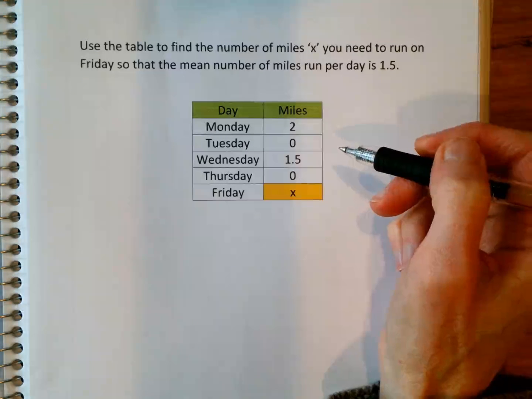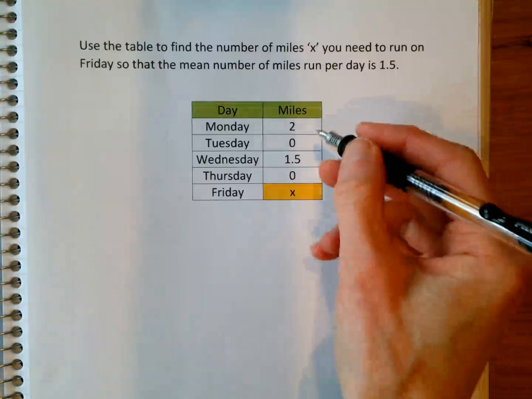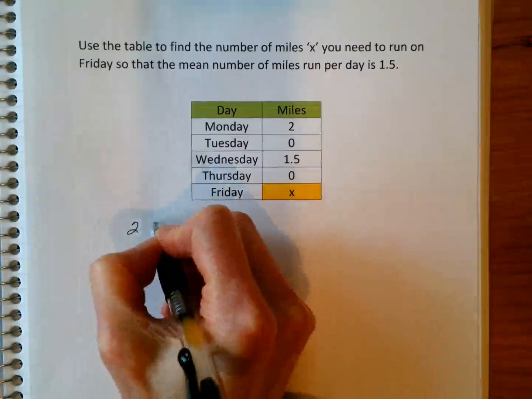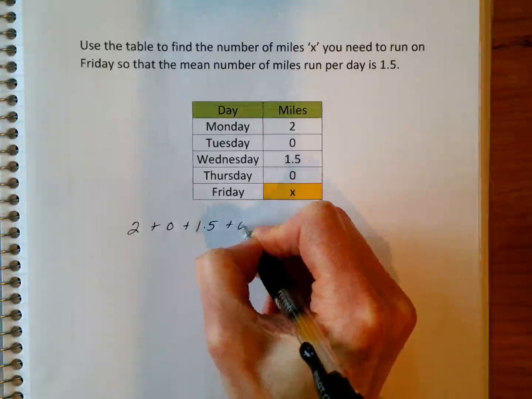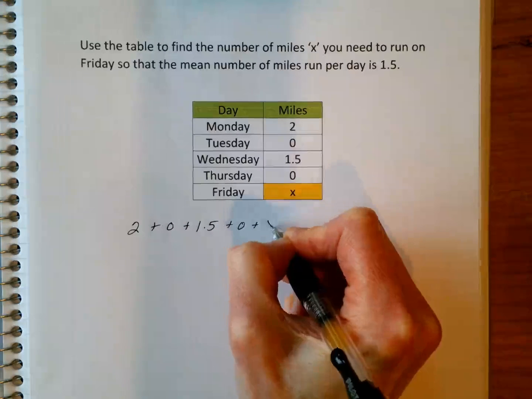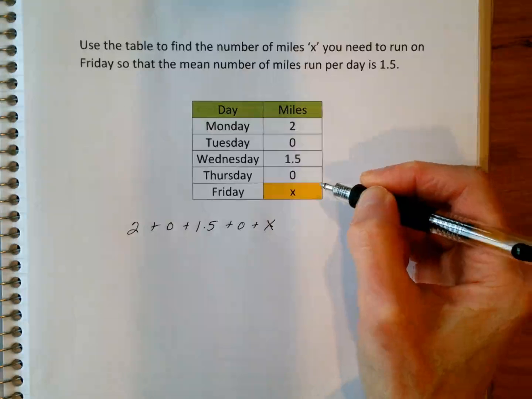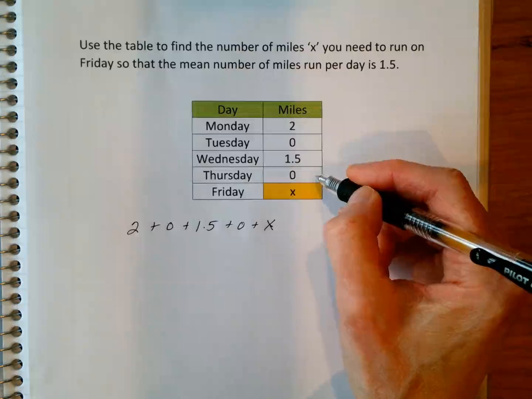So I'm going to write an equation using the definition of mean. I'm going to take the sum of all of my data, including this unknown, 2 plus 0 plus 1.5 plus 0 plus x. And yes, I have to include those zeros, because even though they have no value in terms of being a number, they have value in terms of being a data point.